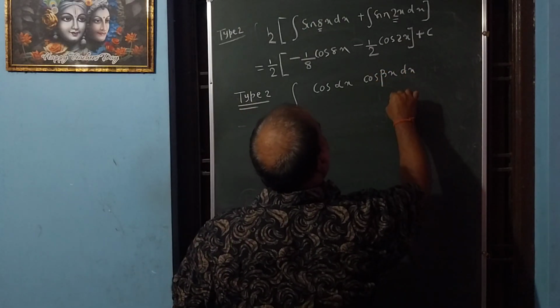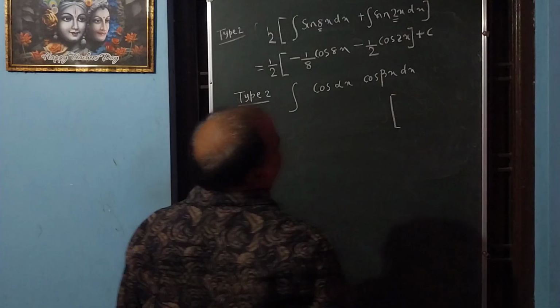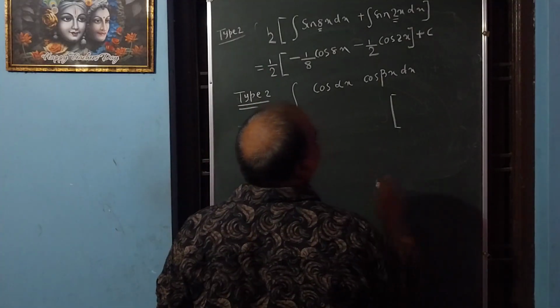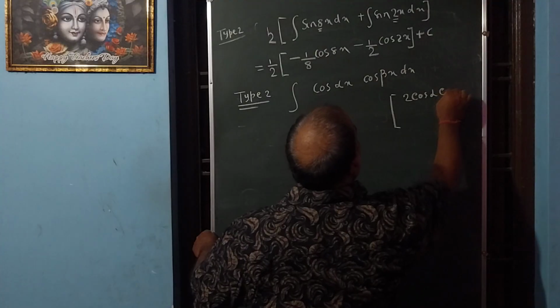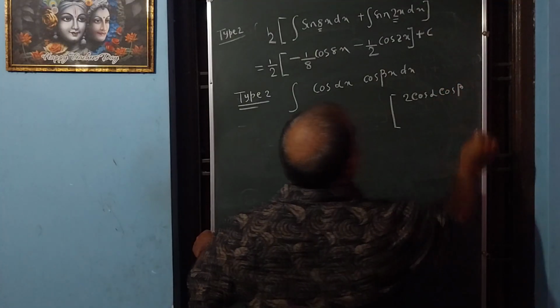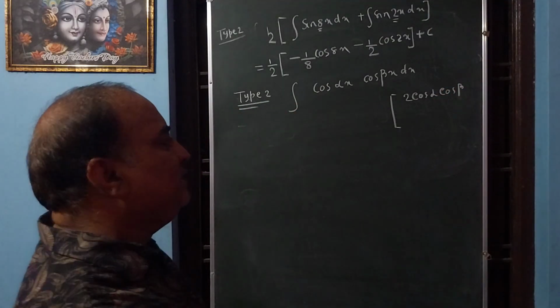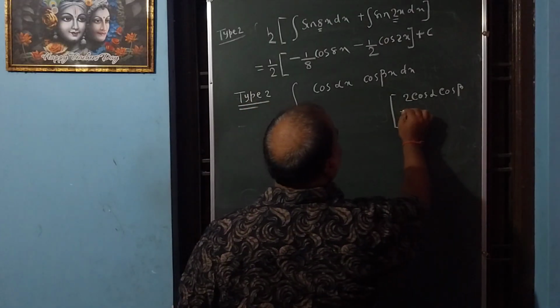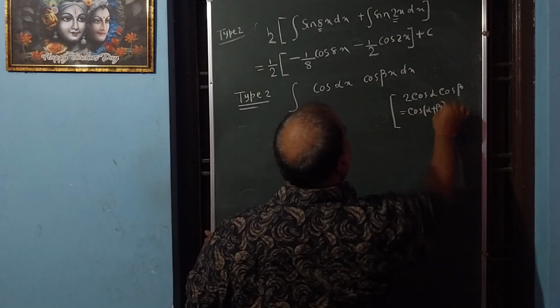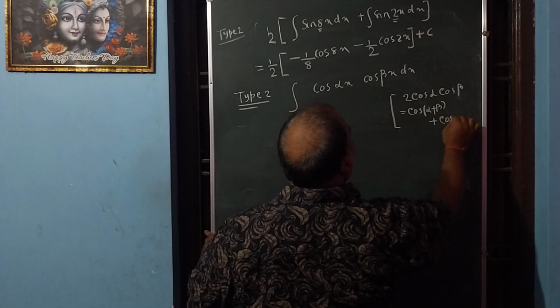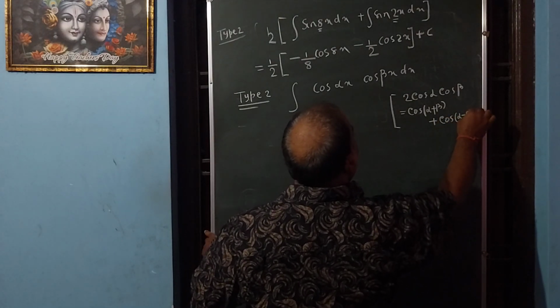So we know that one formula is there for integration. 2 cos alpha into cos beta, the result is cos (alpha plus beta) plus cos (alpha minus beta).